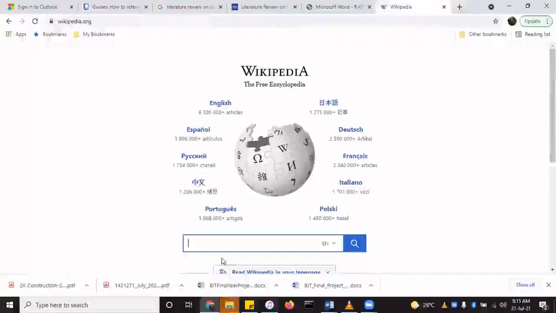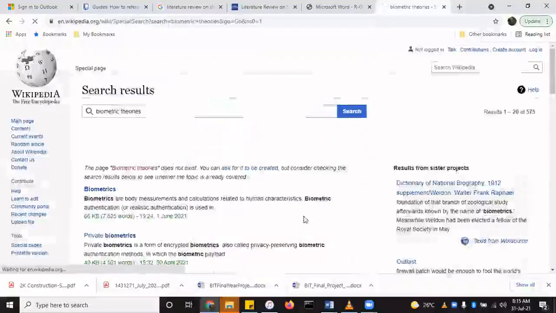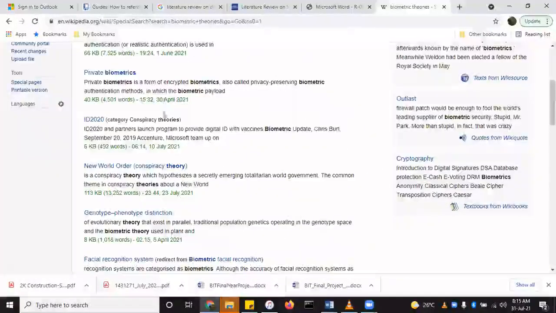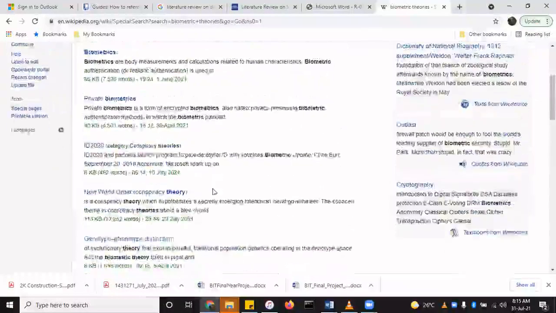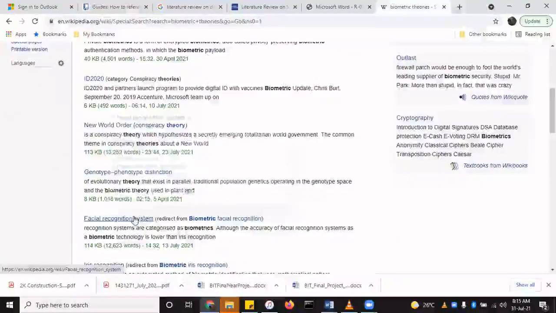And you were to search for biometric theories. A whole bunch of stuff comes up, you can click on one of them. I see facial recognition system, so let's click on that.